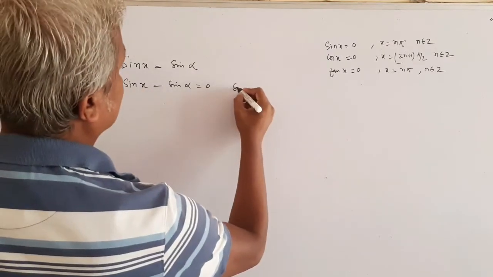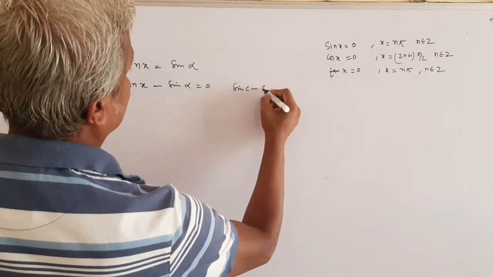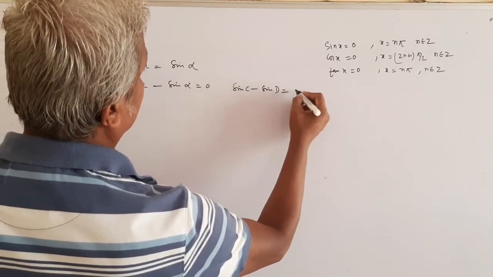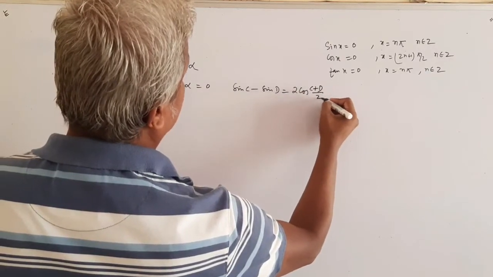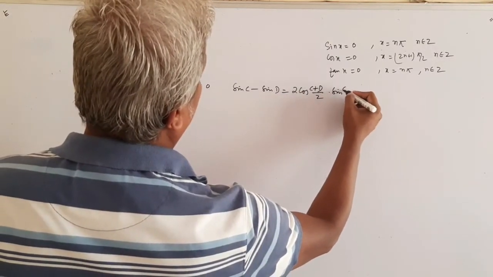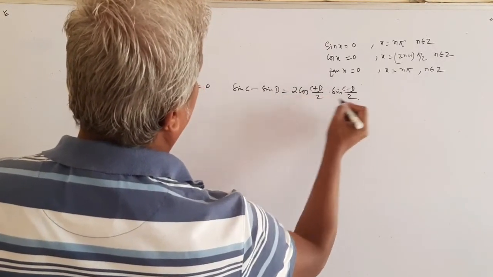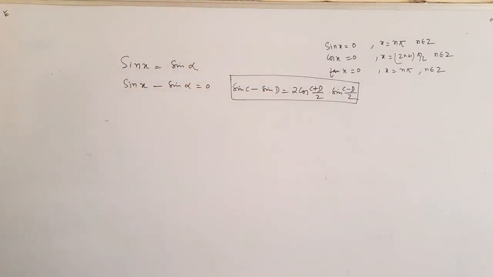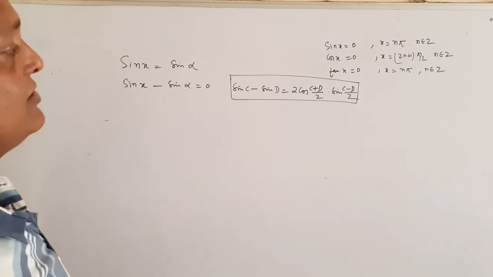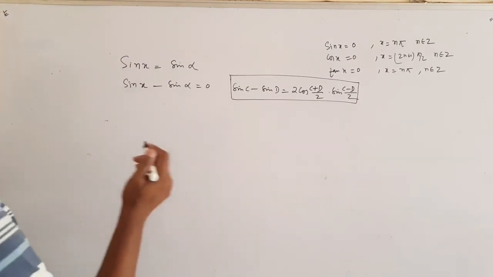So it goes like this: sin C minus sin D is 2 cos((C plus D) by 2) into sin((C minus D) by 2). This is the formula which we have already derived. Otherwise you can watch my previous videos for that.